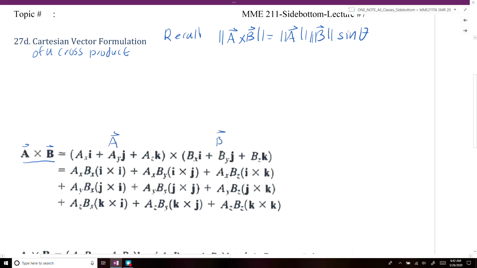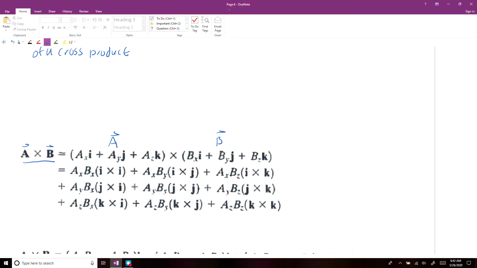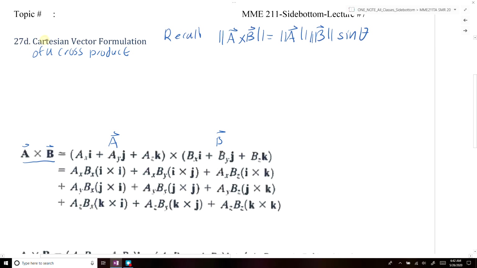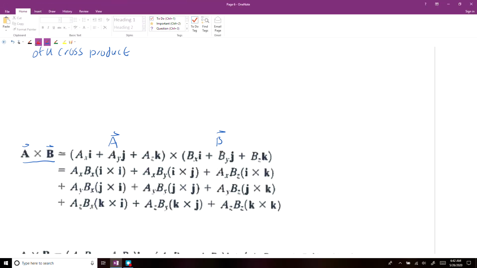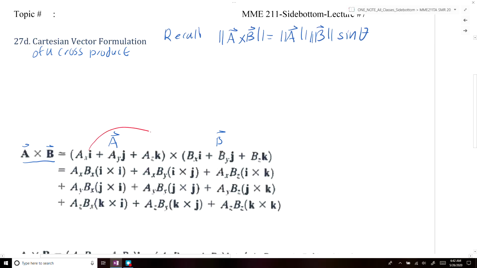we can write each vector in its Cartesian form, and then multiply each component of the vector across, and do the same for all the other components.